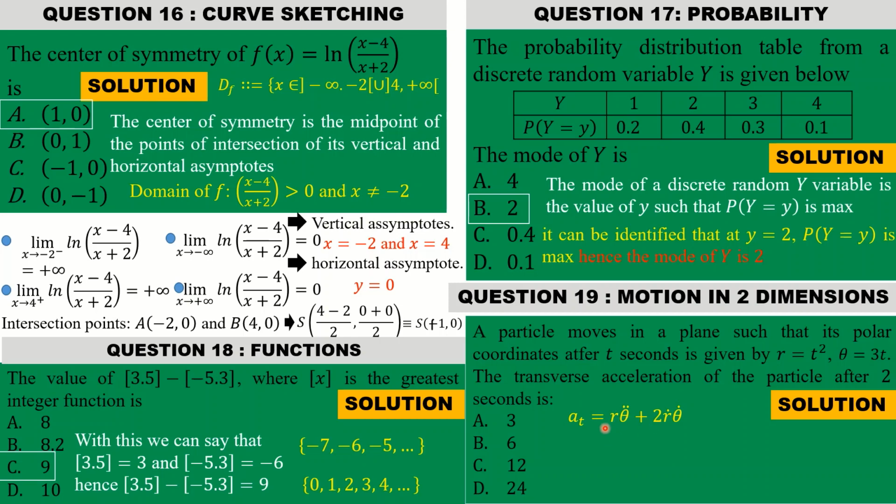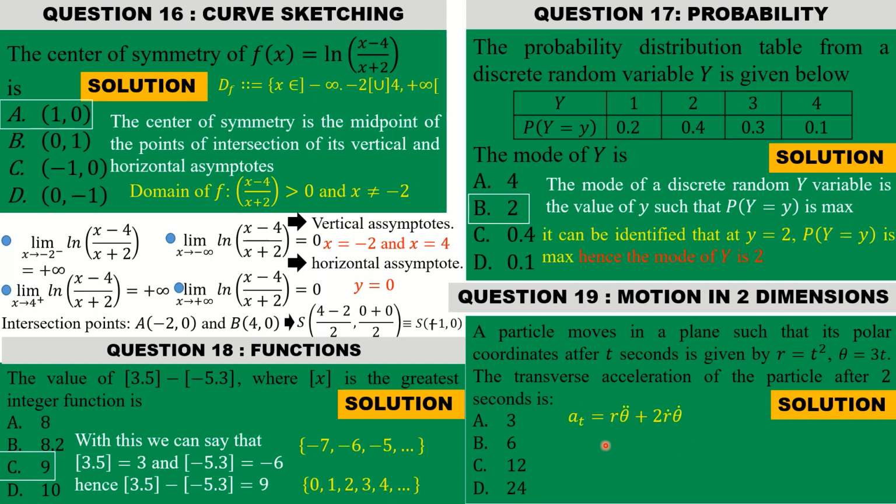So there we can find r, which is t squared. We can find theta double dot, which is the second derivative of the angle with respect to time. Now you have 2 times r dot, which is the first derivative of r with respect to time, and theta dot is just the angular velocity, that's the derivative of the angle.